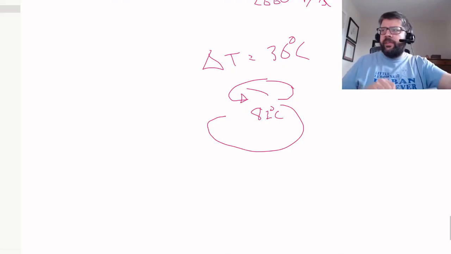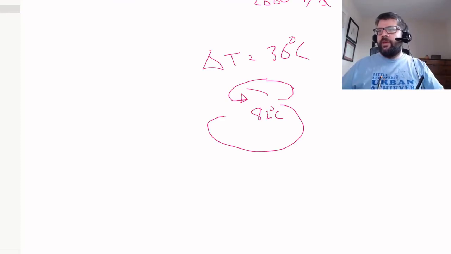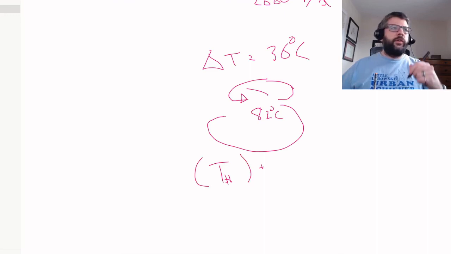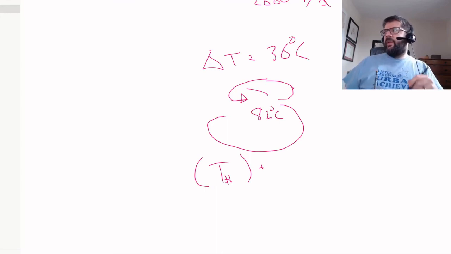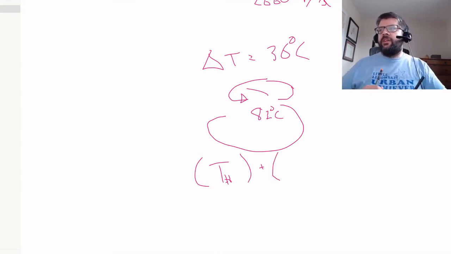So for the math on that, we take our outlet temperature. Let's call that T hot. TH is our outlet temperature, plus our inlet temperature, which is equal to a certain portion that is at the TH.